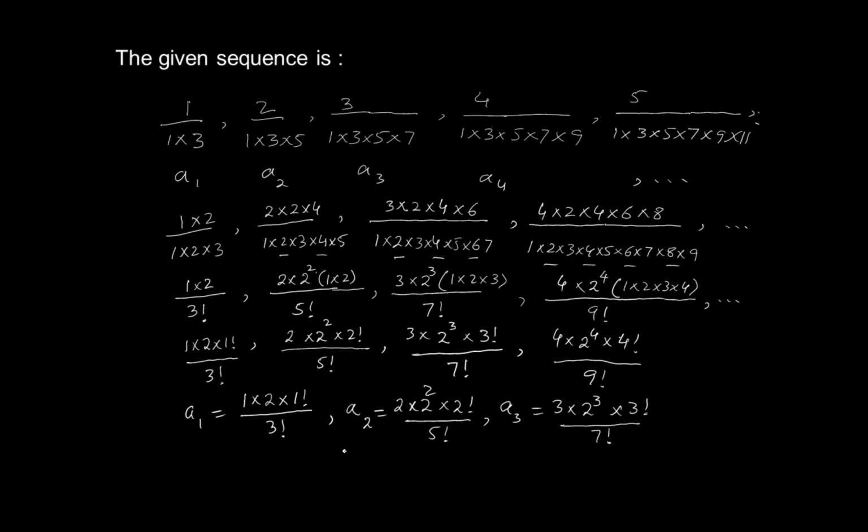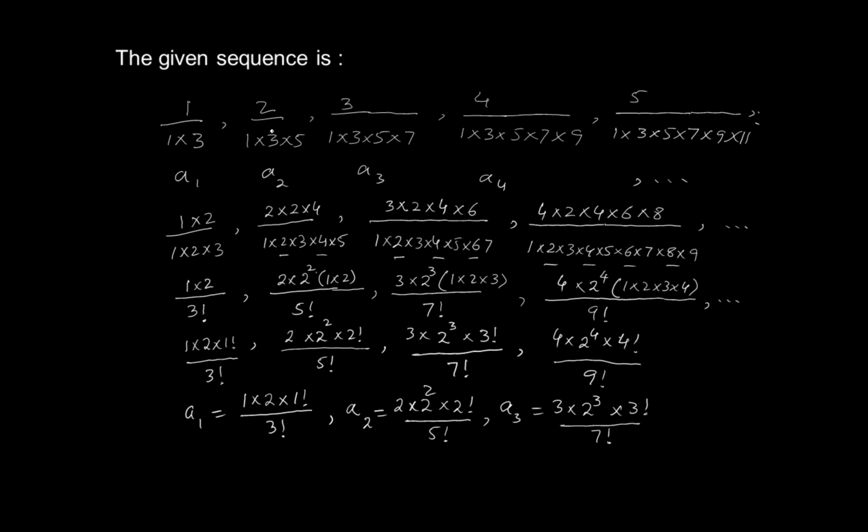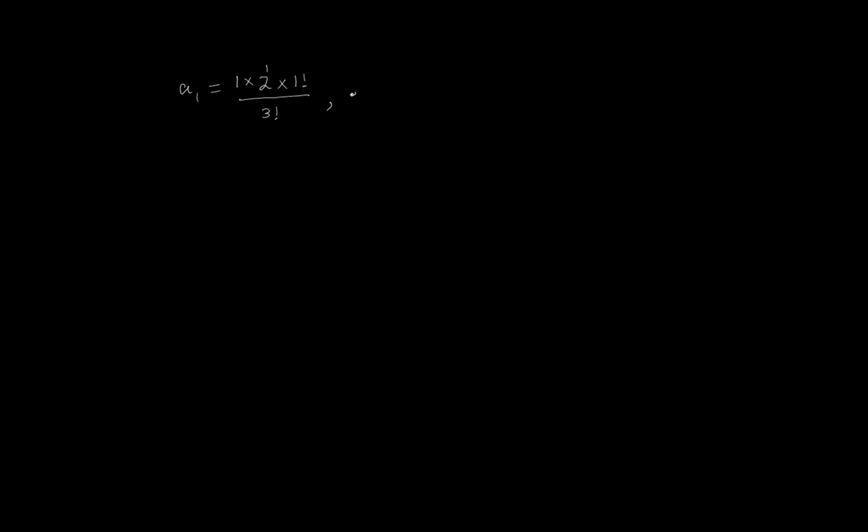Come to the next page. First term, 1 multiply 2 power 1 multiply 1 factorial divide 3 factorial, and then second term, 2 multiply 2 power 2 and then 2 factorial divided by 5 factorial, and then third term, 3 multiply 2 power 3 and 3 factorial and divided by 7 factorial.